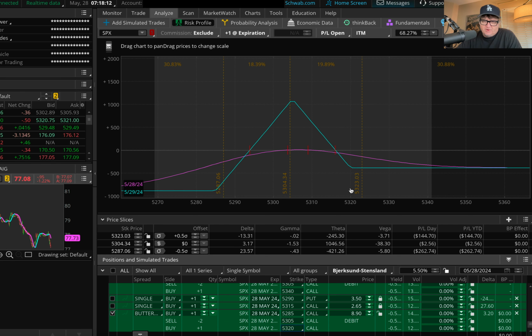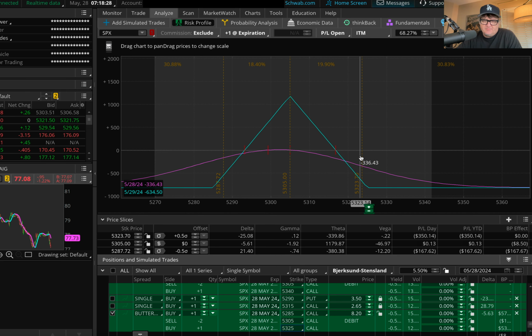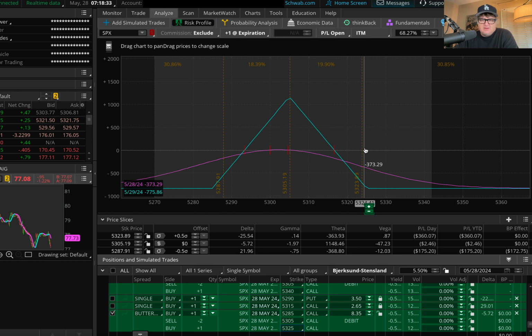And then the upper standard deviation is 5323. So maybe we should just round that up, 5325, and that'll give us a balanced butterfly. What do you think, Rob? You tell me. Put in the comments below.